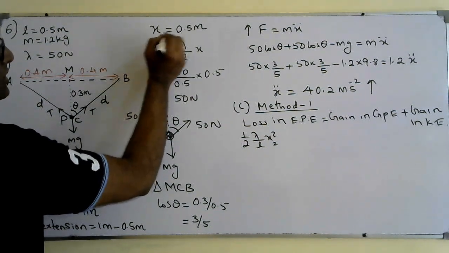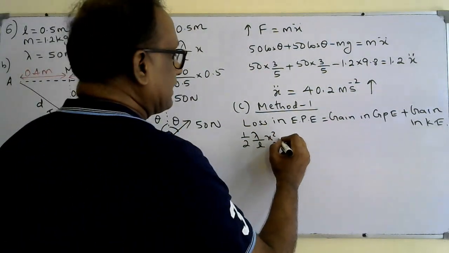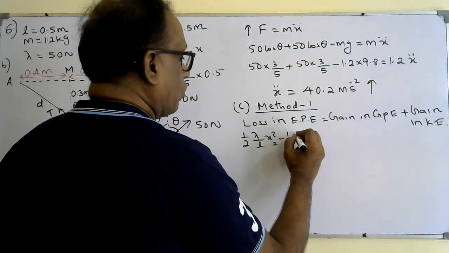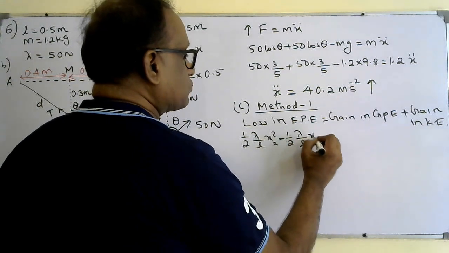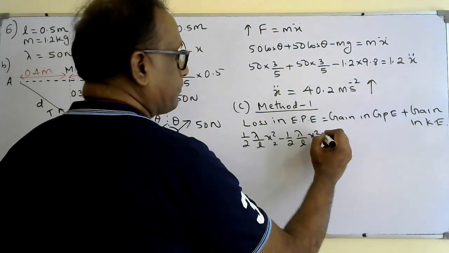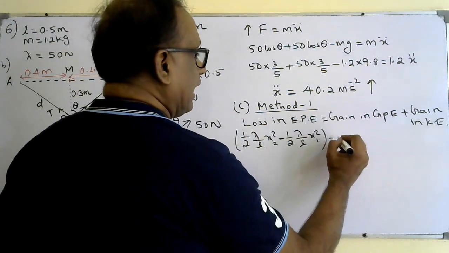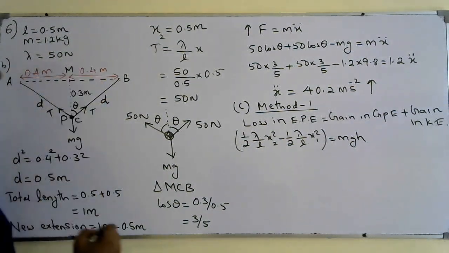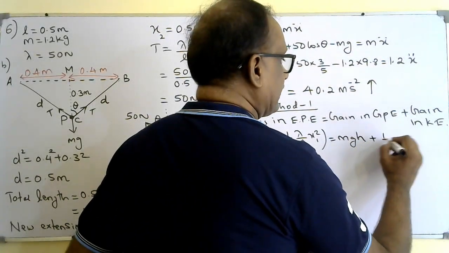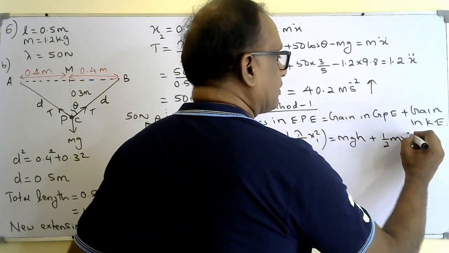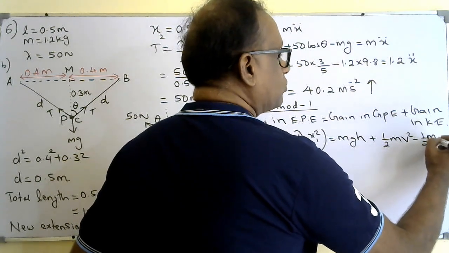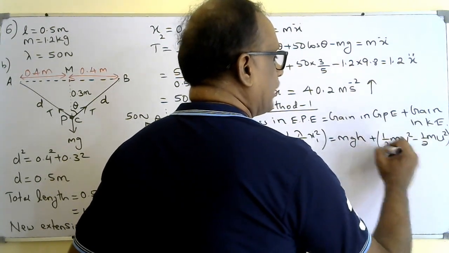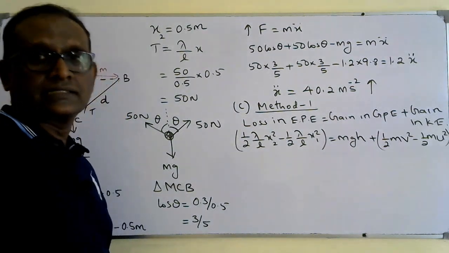Now I can change it to x2, that is 0.5, minus lambda over L x1 squared. x1 is 0.3. That is equal to mgh, gain in GPE. h is 0.3, plus gain in kinetic energy, half m v squared minus half m u squared. u anyway is 0, you are releasing it from rest.